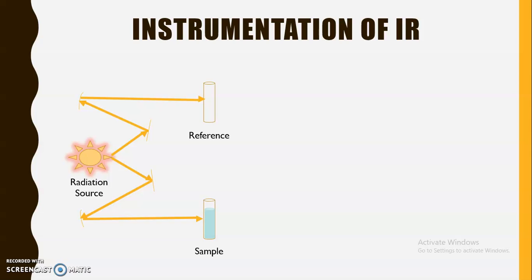Why double beam? Because the single wavelength light that is coming out from the radiation source will be measured at a particular time, for the reference as well as the sample. The difference between the reference beam and sample beam is measured at a single wavelength.